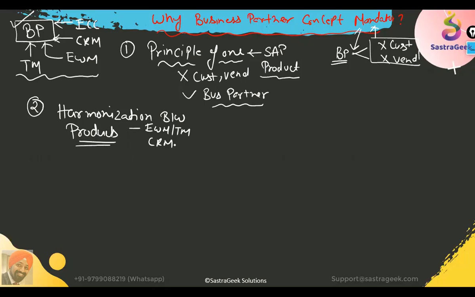Whenever you want to integrate between ECC and those products, the integration becomes more complex, because on one side you have the customer concept, and the customer you need to integrate with the business partner whenever you go with the CRM or these applications. So to have a harmonized approach to simplify your interfaces, the business partner concept has been adopted.